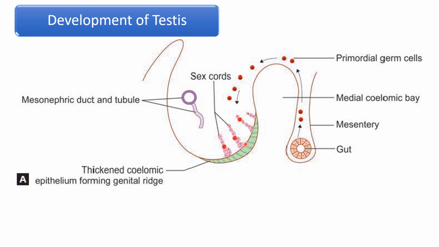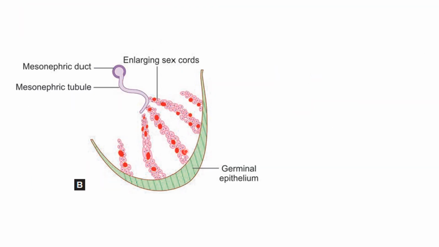They grow into the underlying mesenchyme located over here. They reach deep into the gonad and they are called medullary cords. We can see the medullary cords over here. They will become canalized to form the seminiferous tubules.